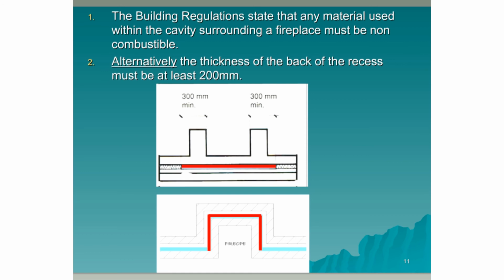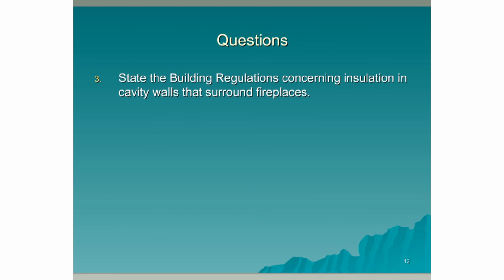Alternatively, the thickness of the back of the recess must be at least 200mm. Questions. State the building regulations concerning insulation in cavity walls that surround fireplaces.